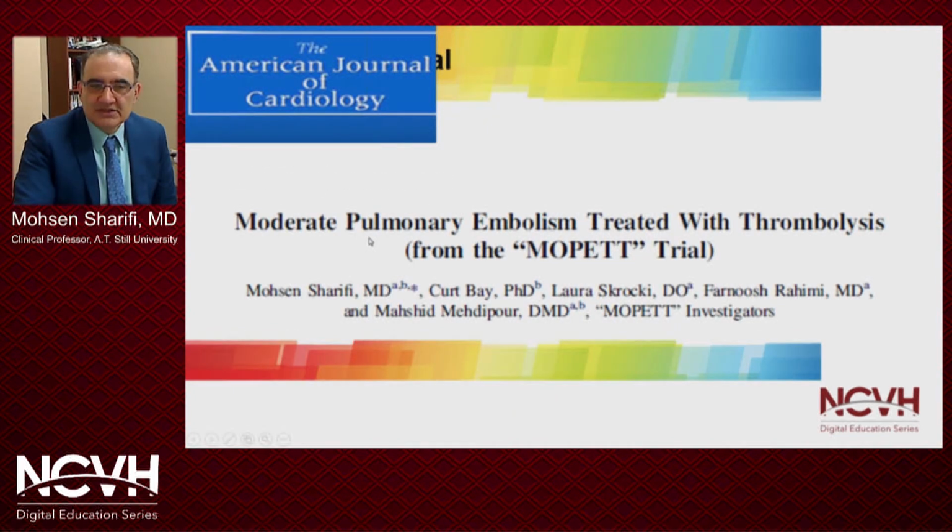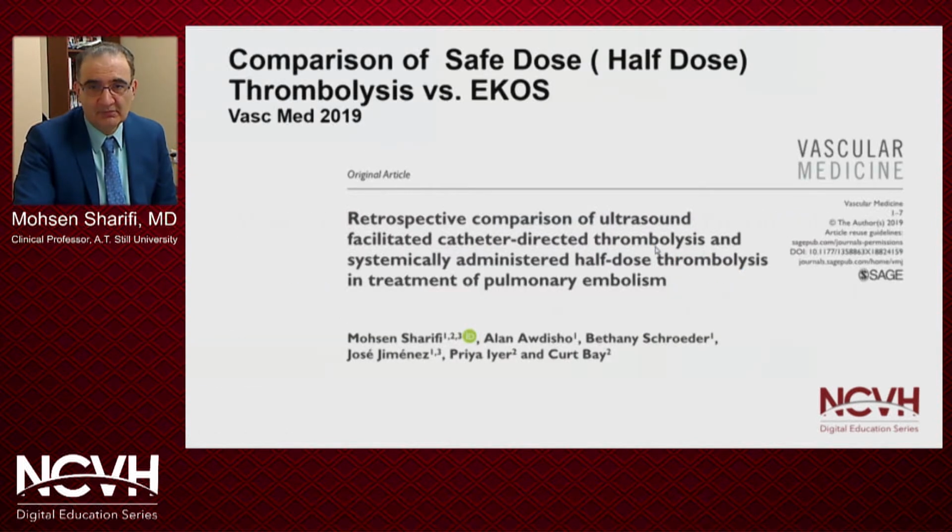We introduced this concept of low safe dose thrombolysis in the MUPPET trial, moderate pulmonary embolism treated with thrombolysis. This was used for submassive PE. However, we are using the same protocol now for massive PE. In other words, the treatment is similar.